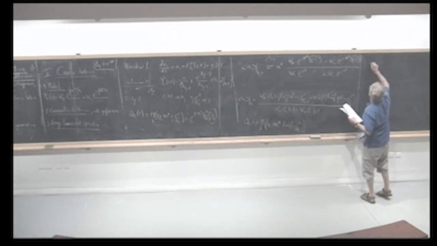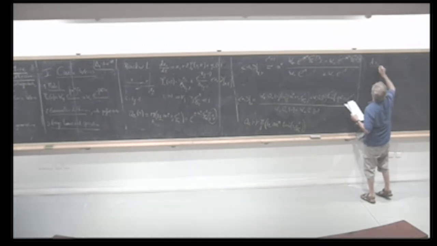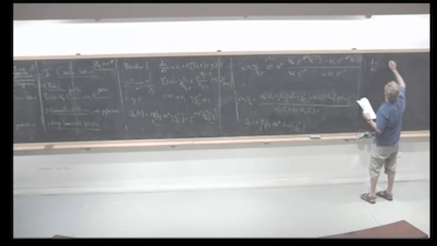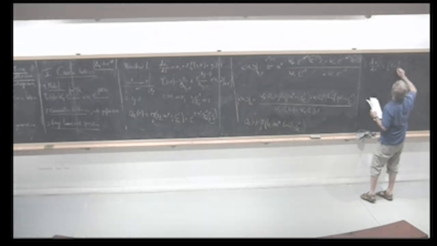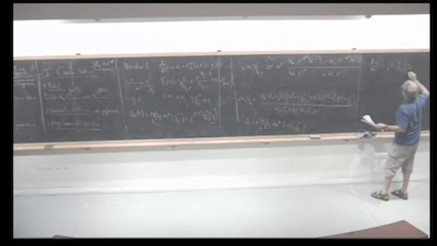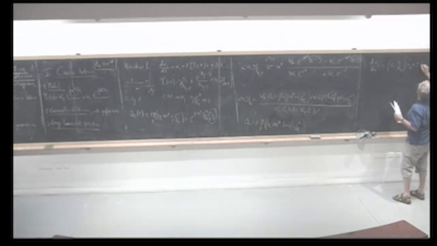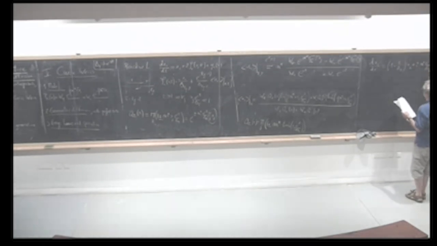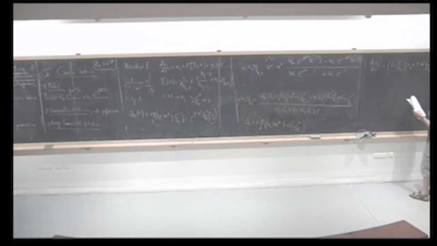I get that dxi d tau is equal to 1 minus 2 over delta t xi plus 2 m star e to the minus t over delta t tanh of m star e to the minus t over delta t sum of xj plus eta i of tau.